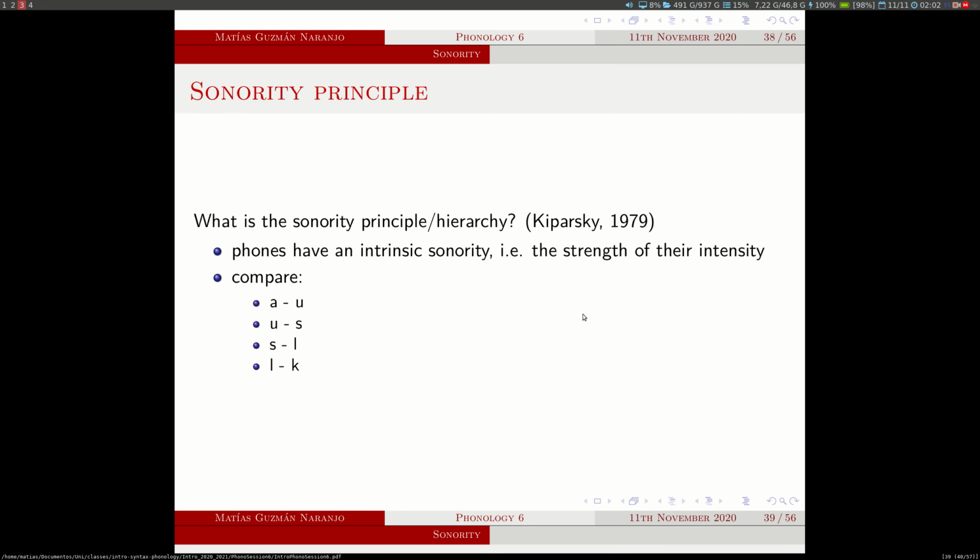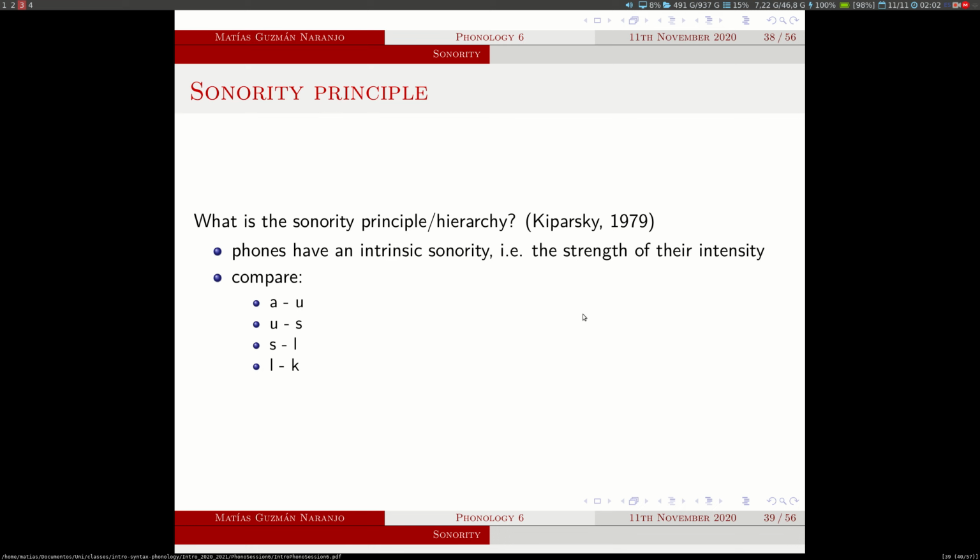So an important concept regarding syllables is the sonority hierarchy, and the idea is that phones have an intrinsic sonority. The exact definition of what sonority is is very difficult.